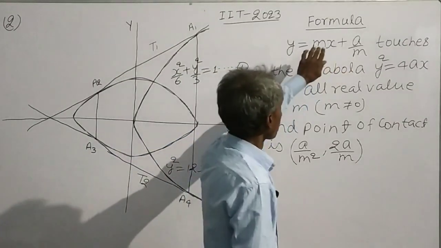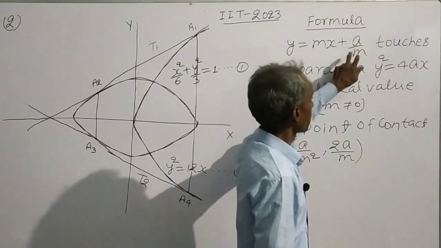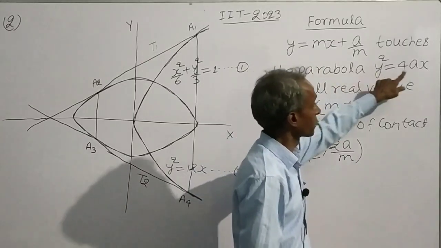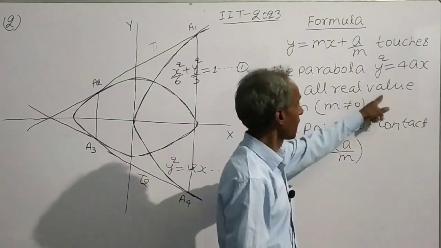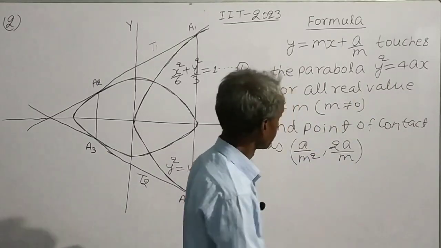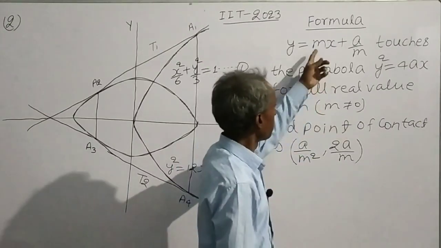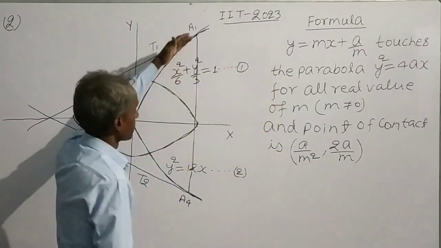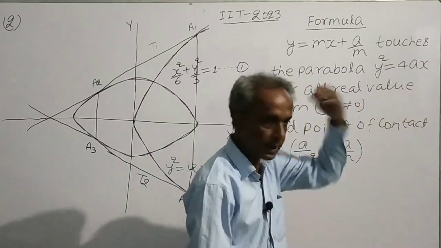This is a formula. y is equal to mx plus a by m touches the parabola y square is equal to 4ax for all real values of m except m is equal to 0. If we put any number in place of m, this will touch the parabola at some point.